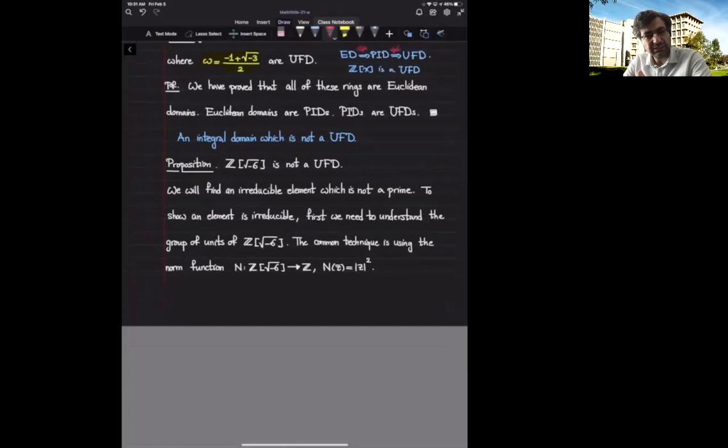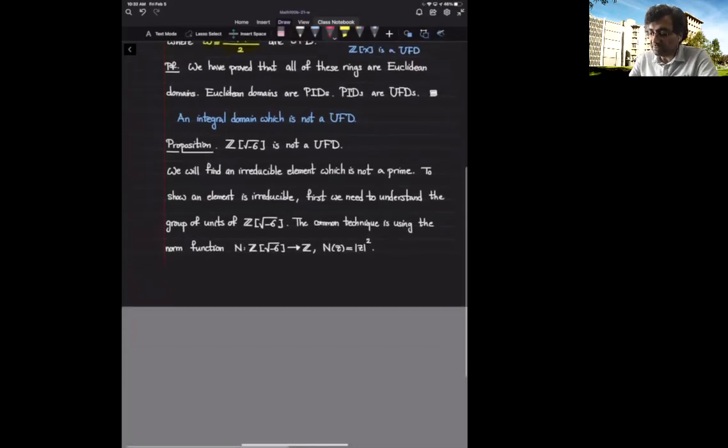Using this technique, we can show many of the rings of the same form are not UFDs. So what is the example that I have in mind? The example is that I join the square root of -6 to the ring of integers, and I want to show that this is not a UFD.